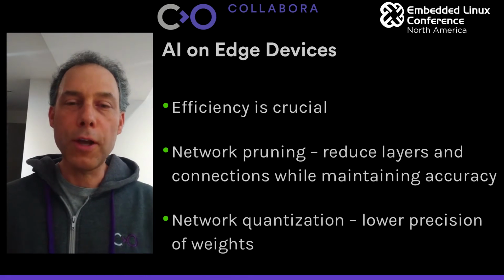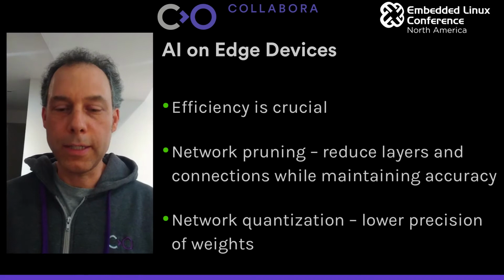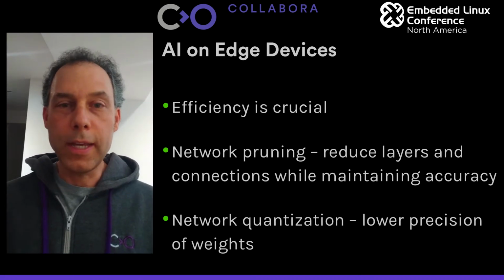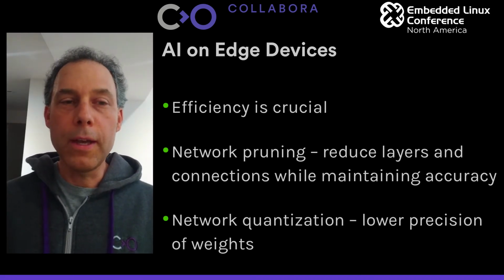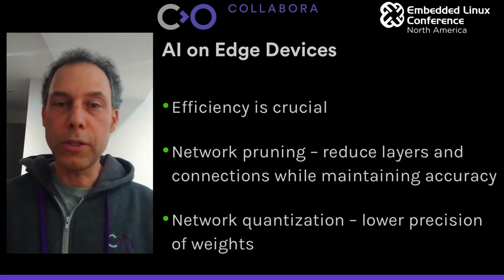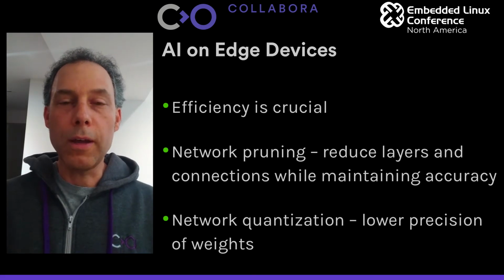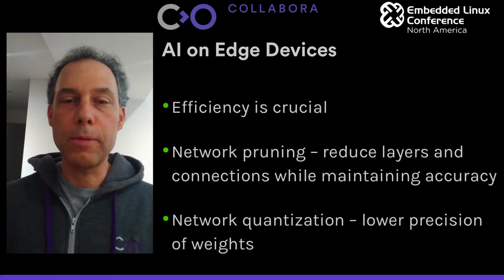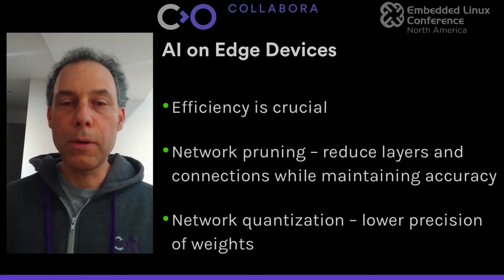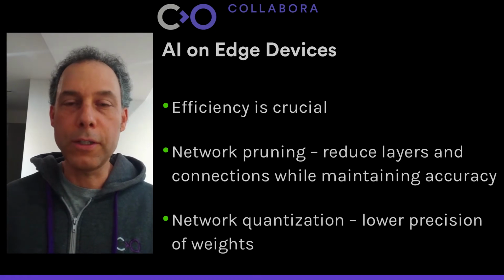And the advantage of dropping precision is, first of all, our memory requirements go down because it takes less memory to store these weights. And second of all, we can make use of vector operations on the chips. So instead of doing a single operation on a 32-bit weight, we could do a single operation on 4 8-bit weights if we go down to 8-bit precision. So those are two very important strategies that we can use to maintain our efficiency on the edge.